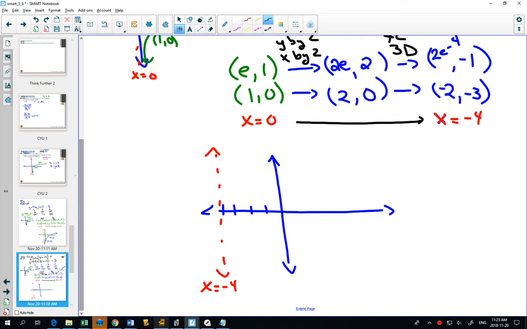We have our points. The easy one at -2, -3. The not so easy one at 1.4, comma -1. And we'd still label it as 2e minus 4, comma -1.